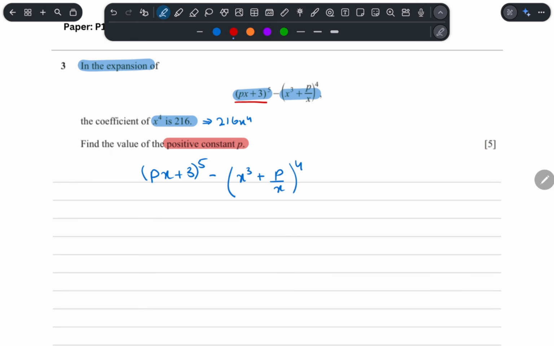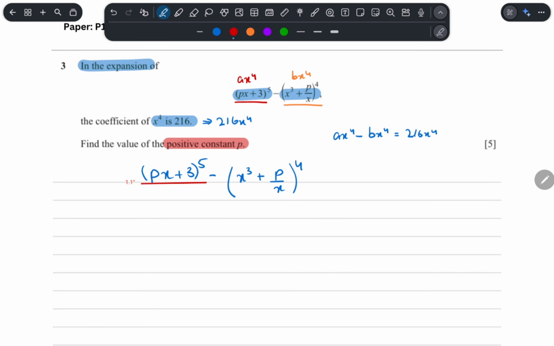We know that this side will give us ax^4, and this side will give us bx^4. The equation that we'll have will be ax^4 − bx^4 equals 216x^4.